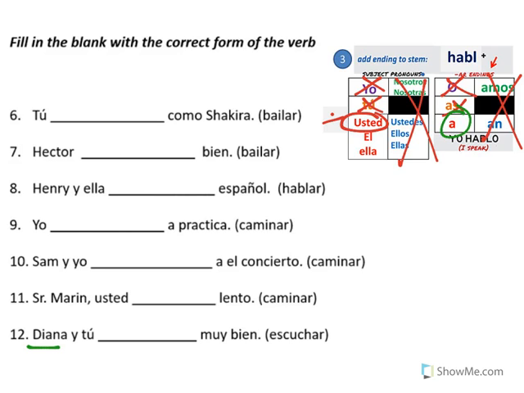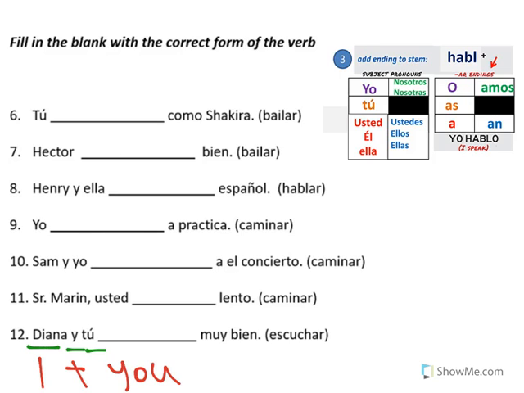Number 12. Diana y tú. Whoa. Diana y tú. Diana and you. That means that there are two people. There's Diana plus you, whoever you is, whoever I'm talking to. It could be anybody. Shoot, it could even be an animal. Does not matter. We know that there are two individuals. So, if there are two individuals, can't use that, can't use that.